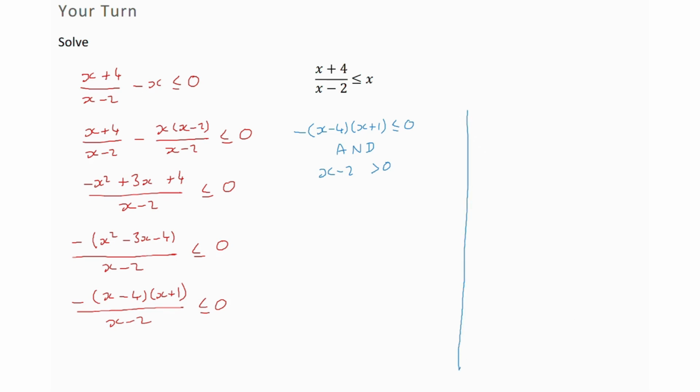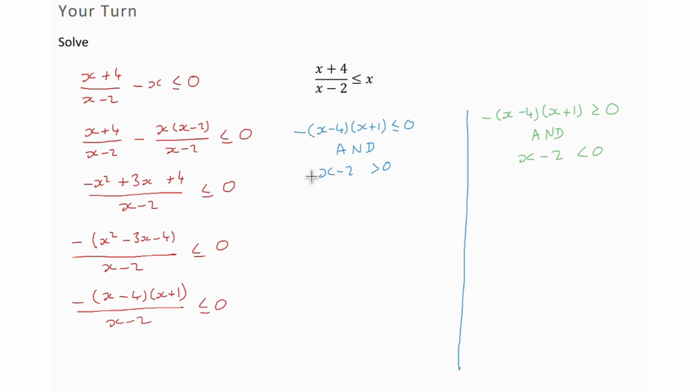Or the other possibility is when the numerator is positive and the denominator is negative. So let's look at these one at a time.